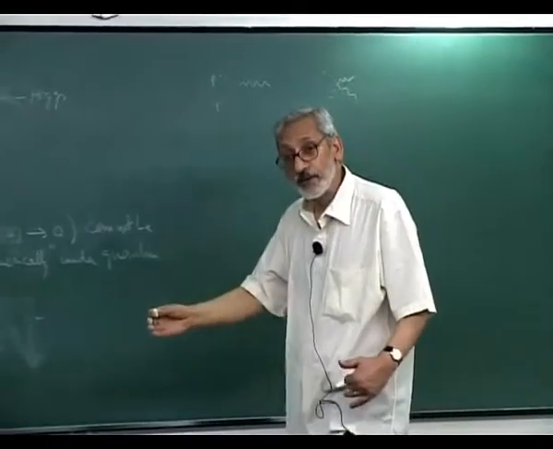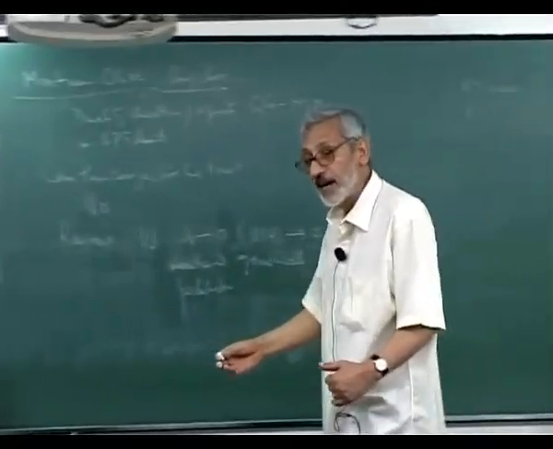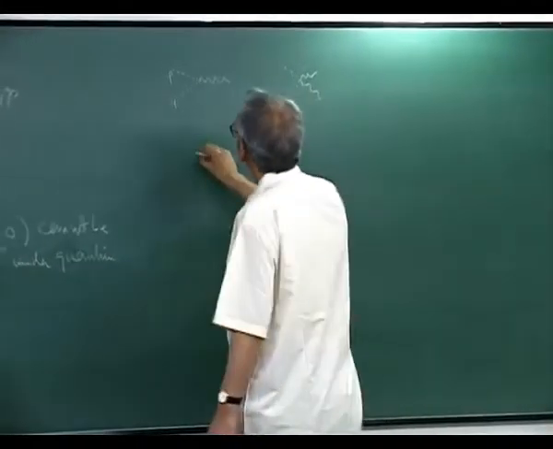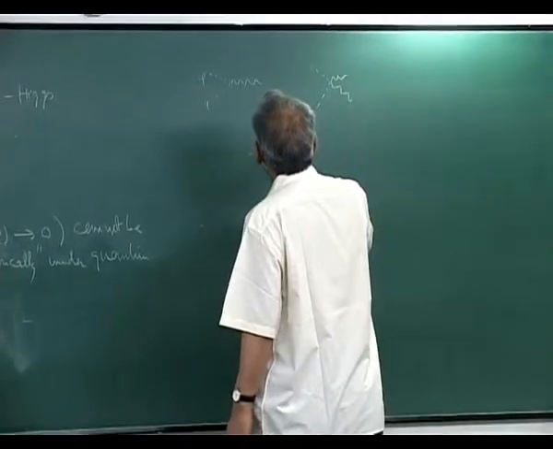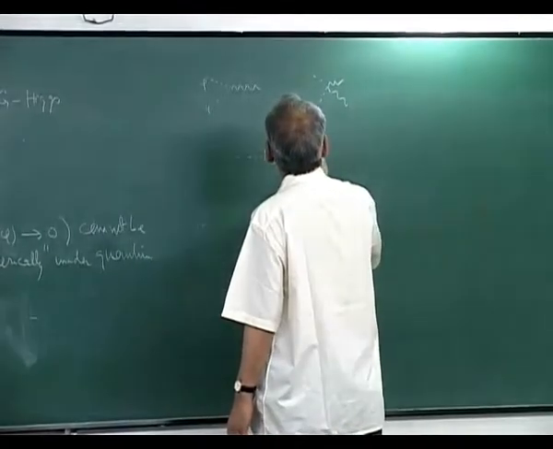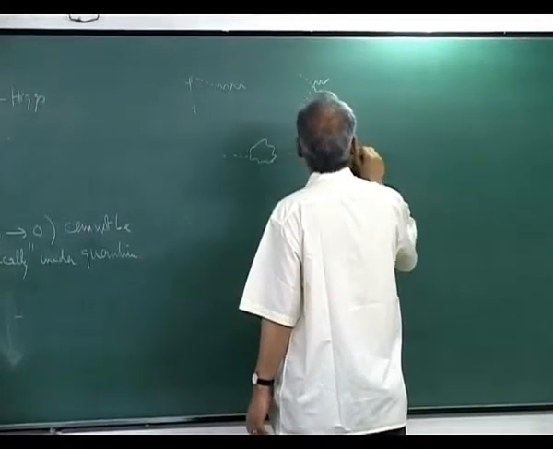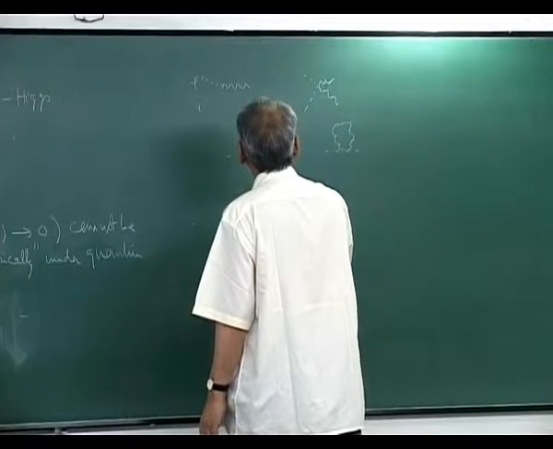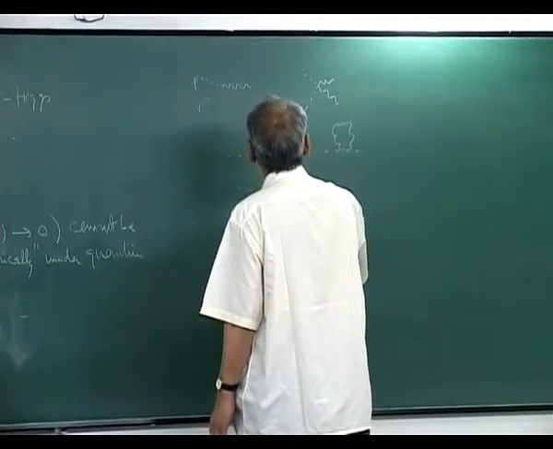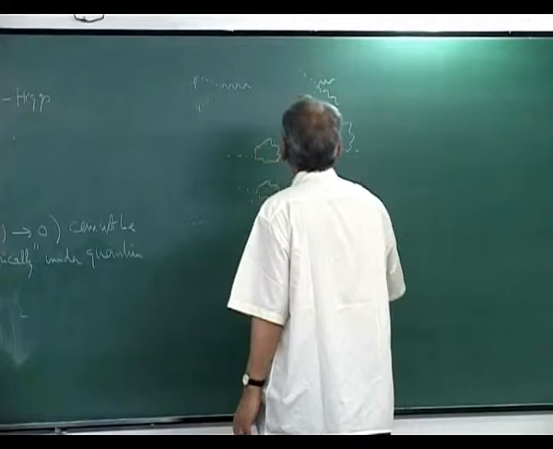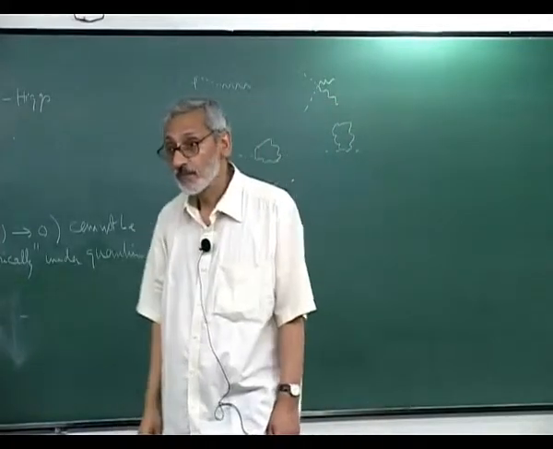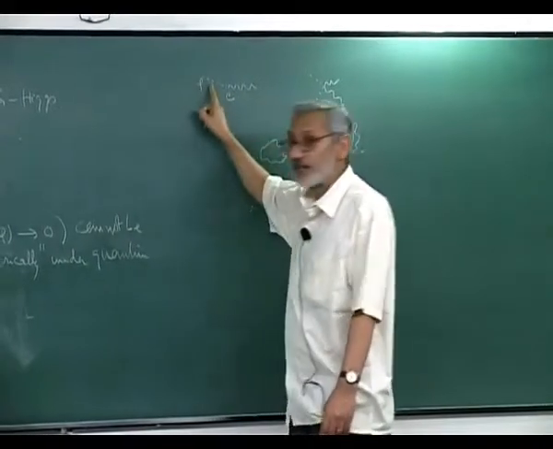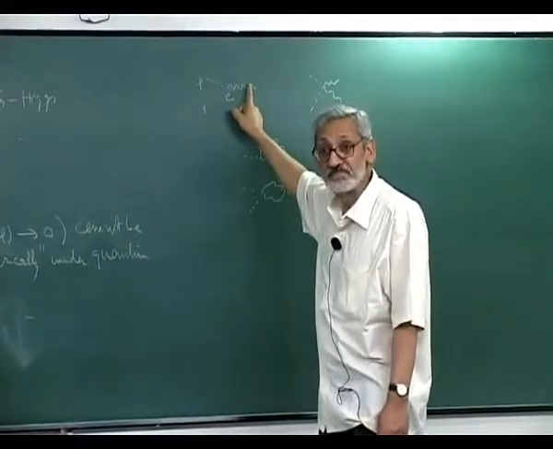When I do one loop perturbation theory, I will generate effective vertices of this kind. The strength of this coupling is given by the gauge theory, because it's a coupling from the D mu phi square term.